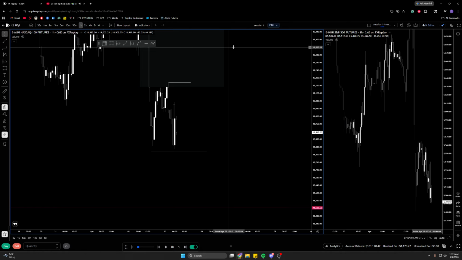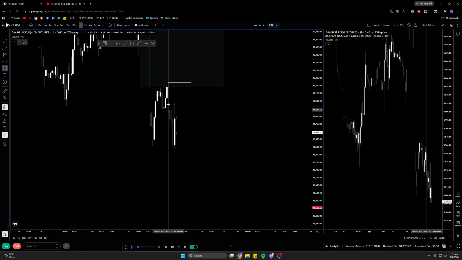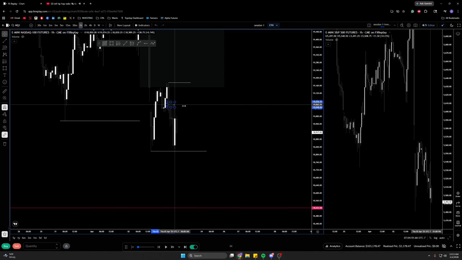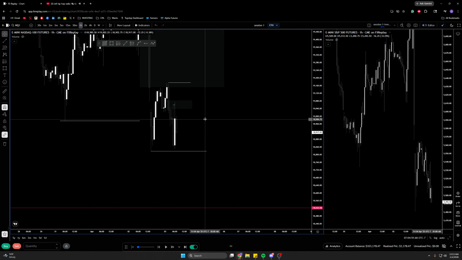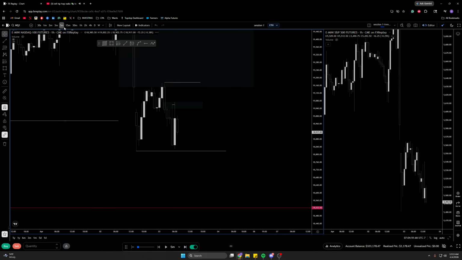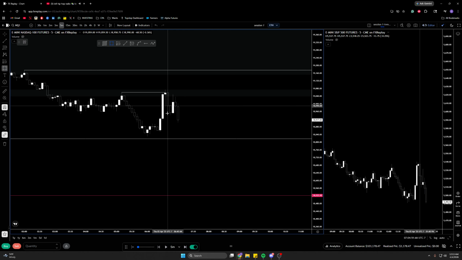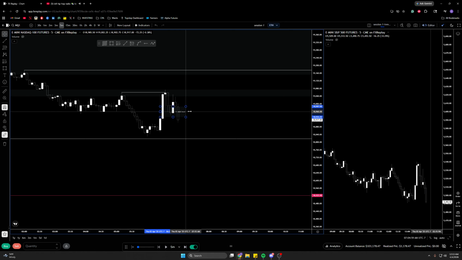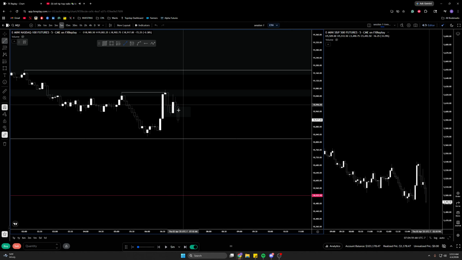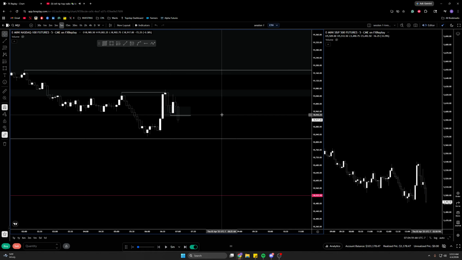Hourly here as well, being respected. So we have that manipulation happening inside of that hourly. And then the 5-minute is also having this inverse here. And then we're having this break of structure here, potentially with a gap here as well. And this can create a gap.